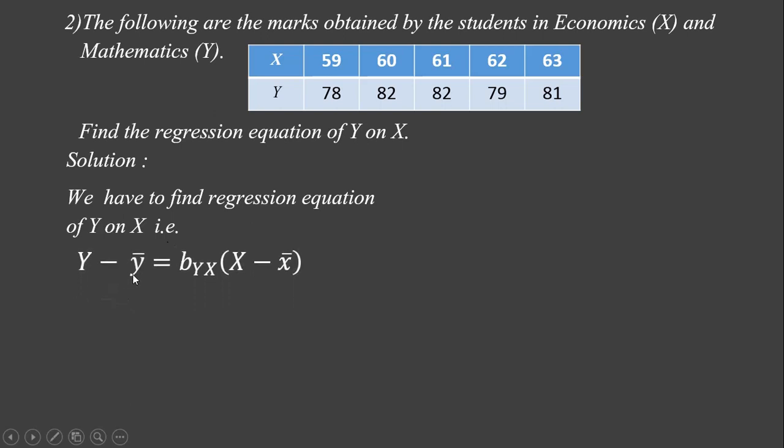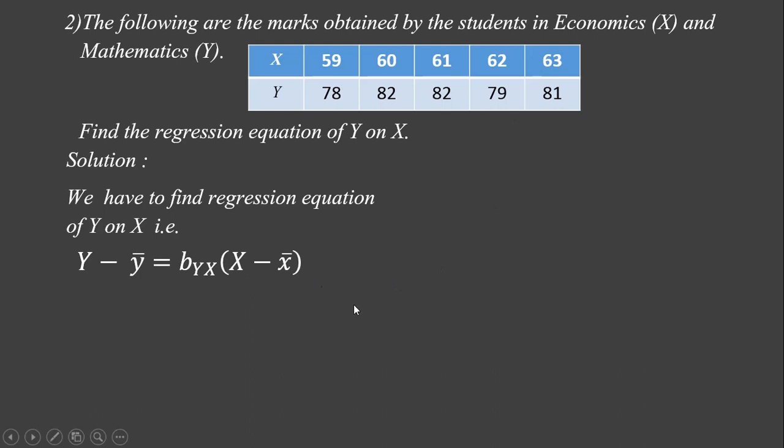To write this equation, we have to first find the value of y bar, the value of x bar, and this regression coefficient byx. Now we can find y bar if we observe values of y and x.